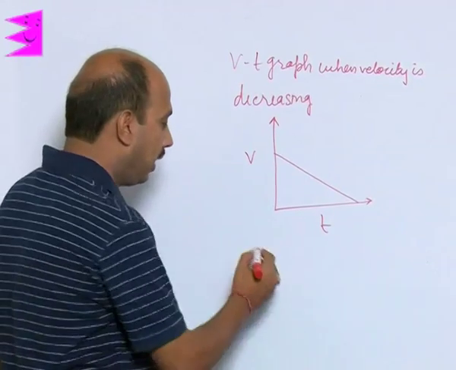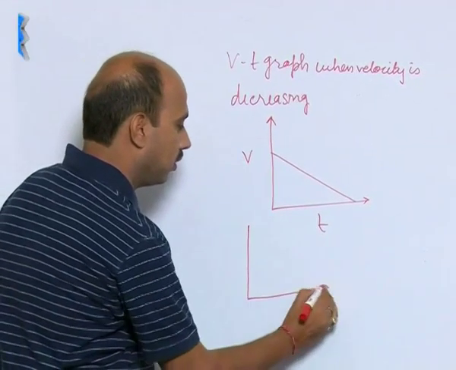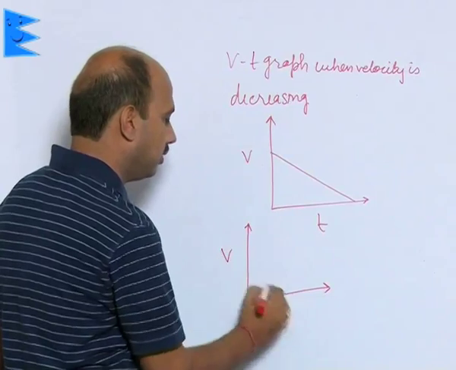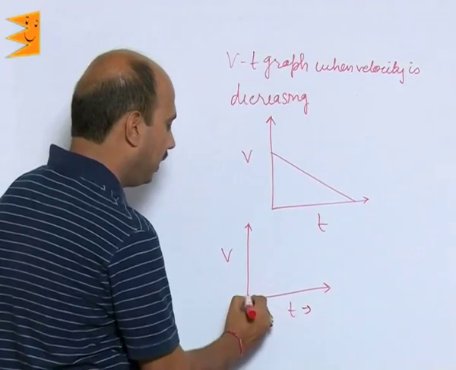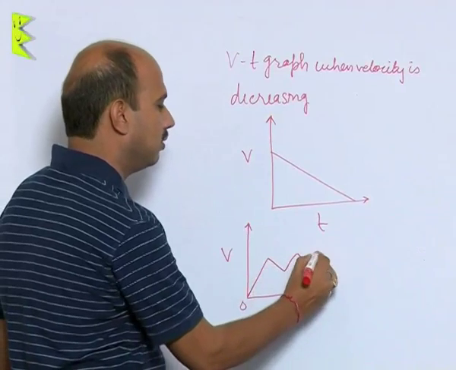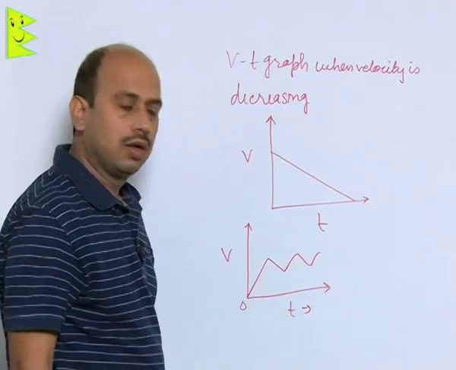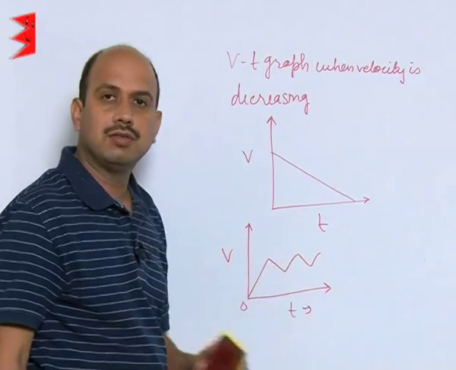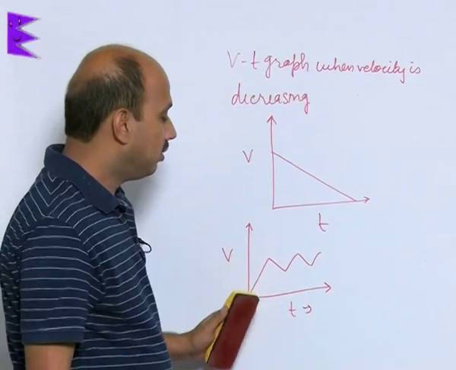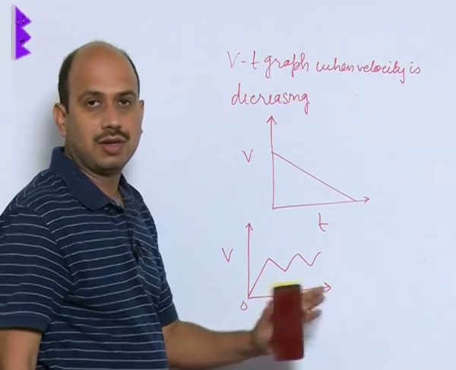Now if you take a graph like this, this is velocity, this is time. Here we can take graph like this, like this, like this, in this way. Here velocity is increasing, then decreasing, then increasing, then decreasing. You can say this is non-uniformly accelerated motion.